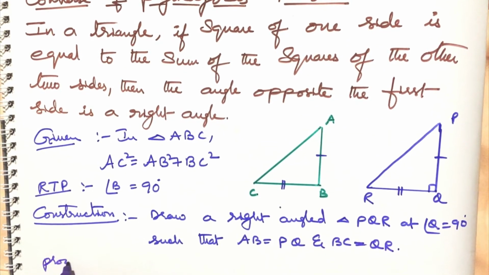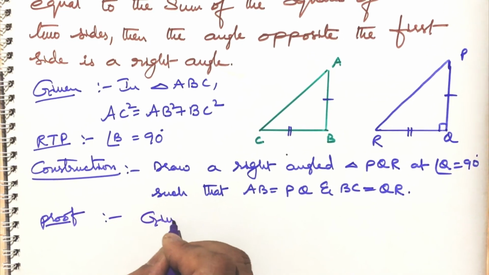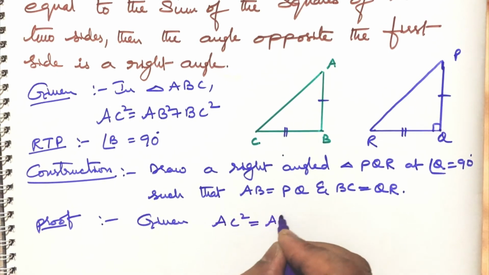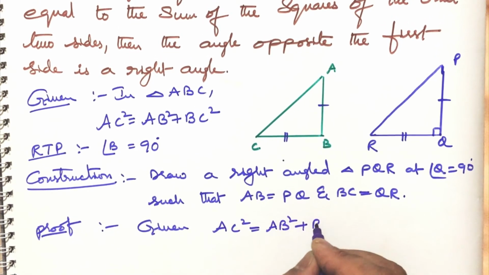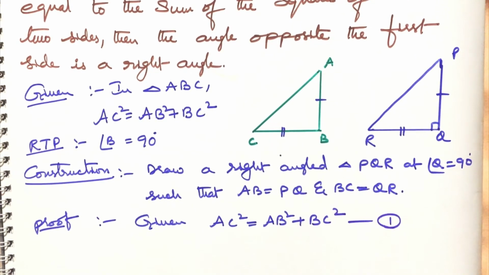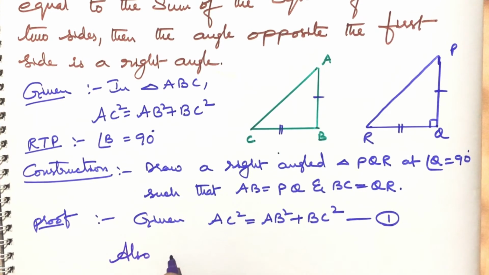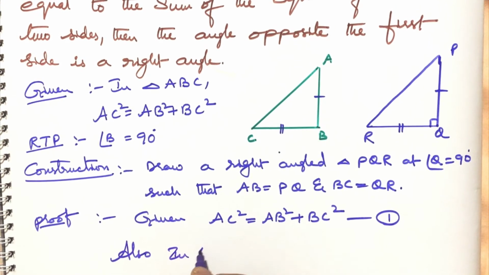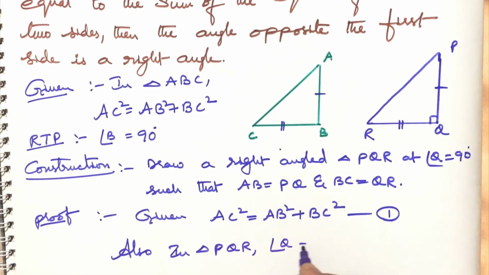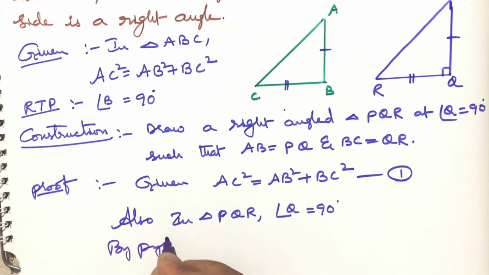Coming to the proof, what is given here? Given AC square is equal to AB square plus BC square. Equation 1. And also in triangle PQR, angle Q is equal to 90 degrees, which means you can use the Pythagoras theorem.